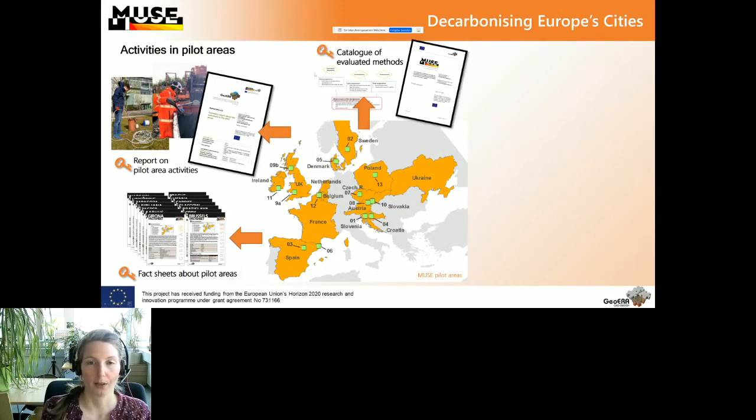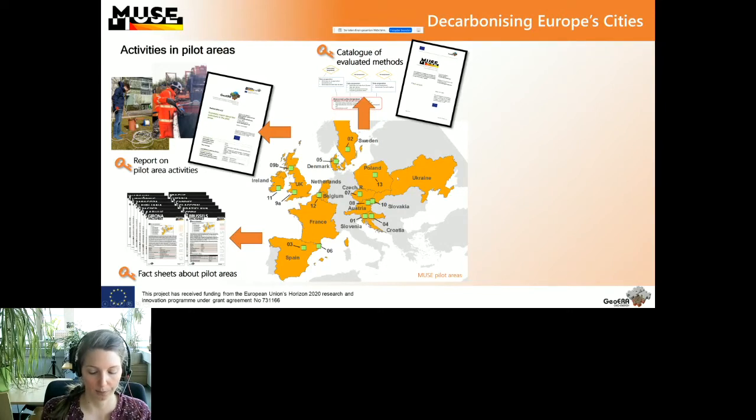And then we looked for methods and workflows for how we can actually quantify the resources. We found effective methods and also developed new ways to estimate the resources, for example, the heat extraction rate for borehole heat exchangers. And in this catalog of evaluated methods, we summarize all the methods that we applied in the pilot areas.